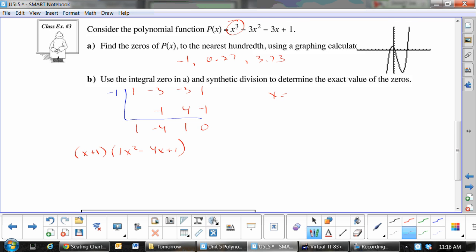So x equals -b plus or minus the square root of b squared minus 4ac all over 2a. Okay? Now it doesn't hurt, you guys, to just do this. That's a, that's b, that's c. Okay, just keep it straight. So x equals negative.